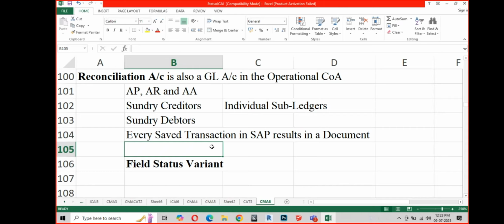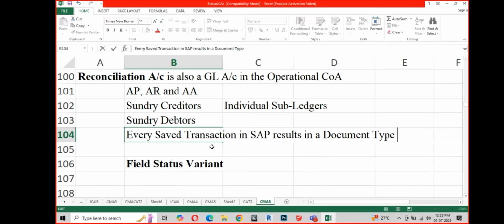Every transaction which is saved in SAP generates a document. To add more information, a document type and a number. And both are unique to the transaction.